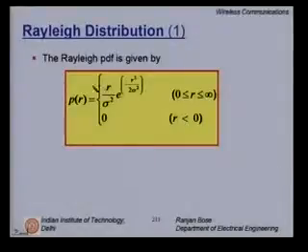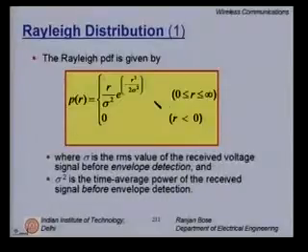This is obtained by taking the square root of the sum of the squares of two Gaussian random variables. Now, this sigma is of importance. As in the Gaussian distribution, sigma is a measure of the spread of the distribution.